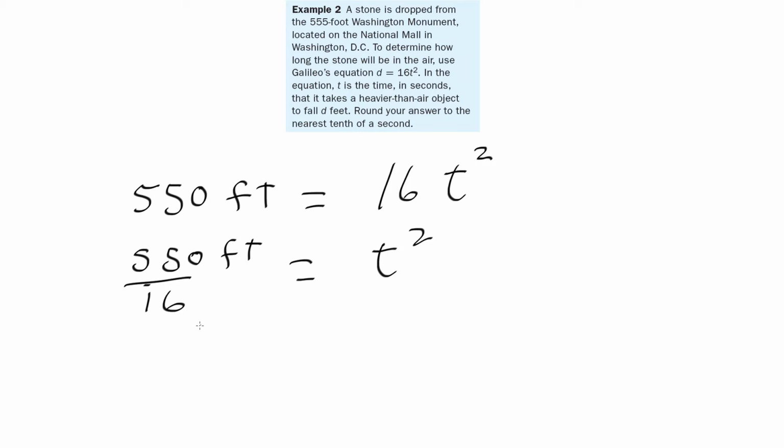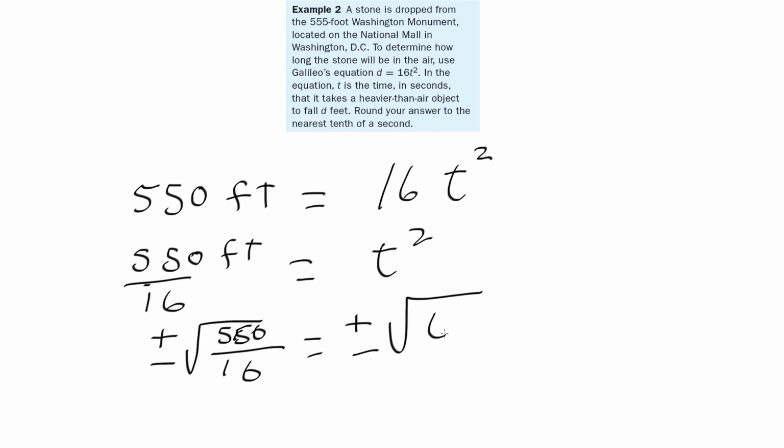So our next step, we've done our division, is to take the square root of both sides, and I want the positive and negative square root of 550 over 16, and I want the positive and negative square root of t squared. I just want to know what's the root of t squared, which is just t, and t equals plus or minus the square root of 550 over 16.